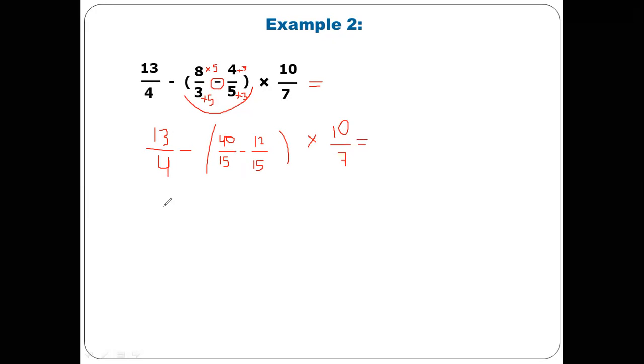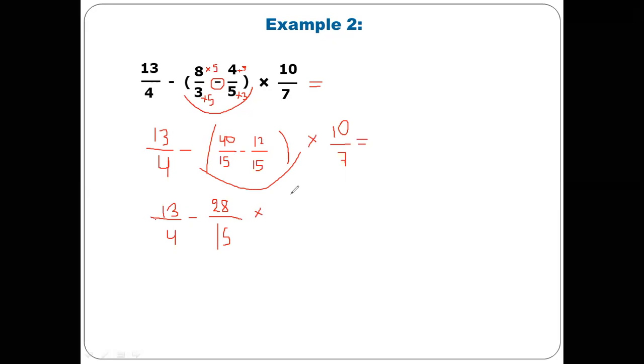Now, since I have same denominator and the fractions inside the parentheses, I can just work out this parenthesis by subtracting the numerators to get 28 out of 15.